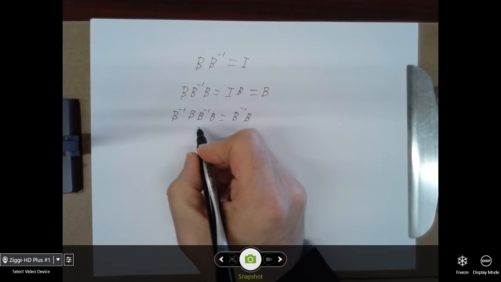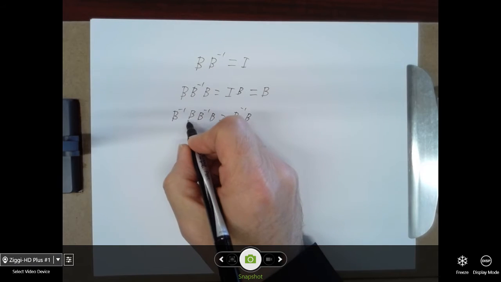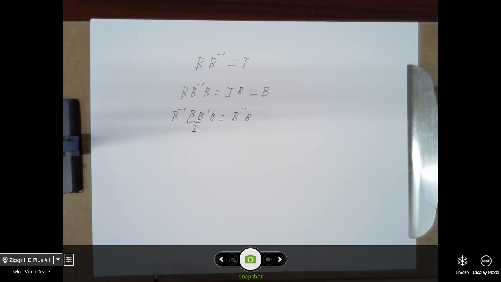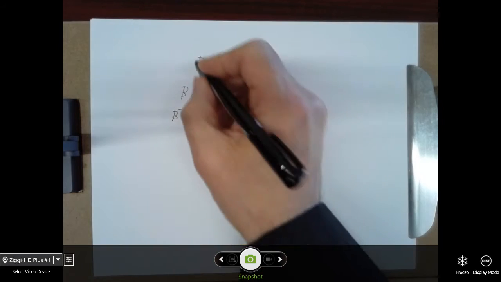And B times B inverse is the identity. Yep, not an easy way to do it.